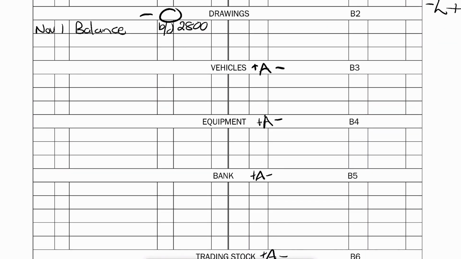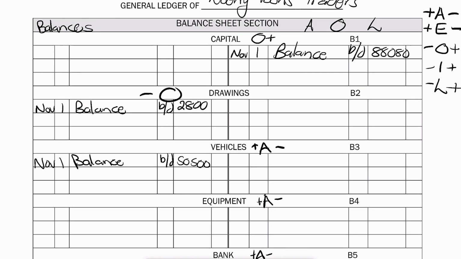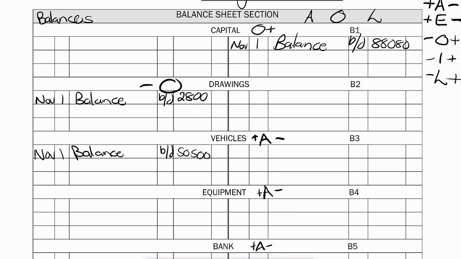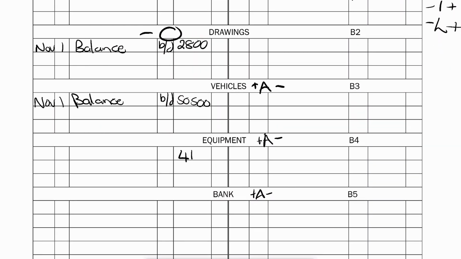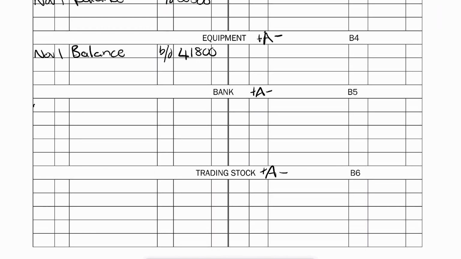For vehicles, it's an asset, so we use the debit side. November the 1st, our balance brought down, and the amount there is 50,500. If we look at equipment, the balance they give us is 41,800. It's the same principle, our balance brought down on November the 1st. Bank, we discussed earlier and said there would be a debit balance.